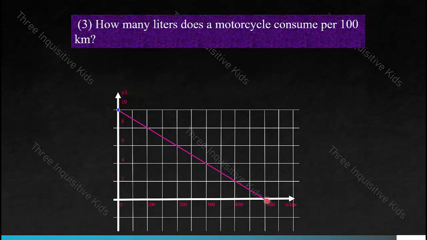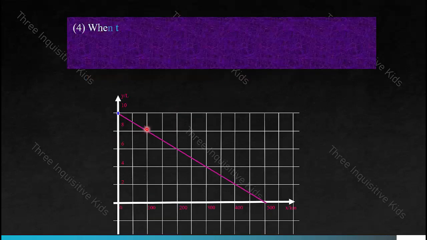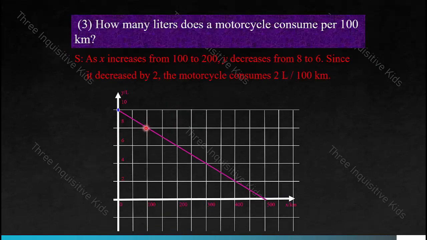How many liters does a motorcycle consume per 100 kilometers? This is a velocity question. Now this is a bit more complicated because it requires more calculation. So as x increases from 100 to 200, I'm going to draw a point right there, 100 to 200, right?